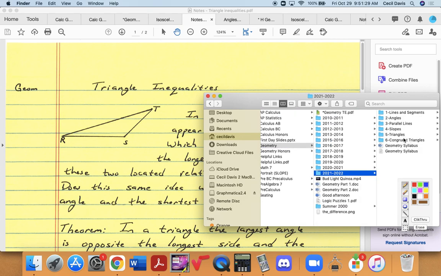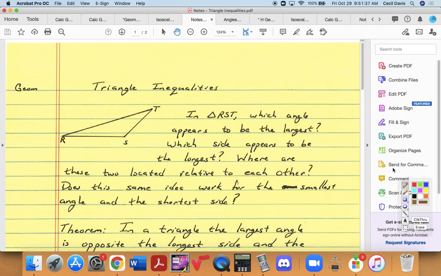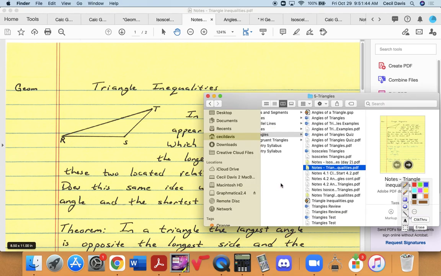Geometry. Triangles. Well, it says it's that one. Give me just a second to see if I can find that one, because I think that has all the same stuff on it, just in a different order. Oh, here it is. That's weird.